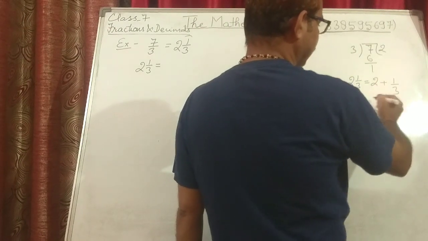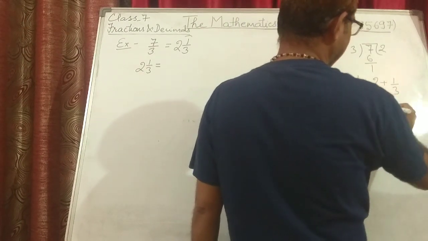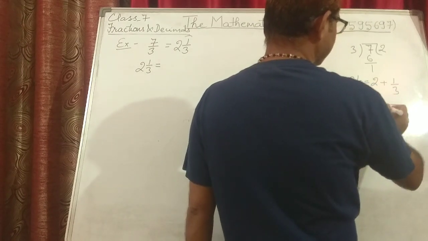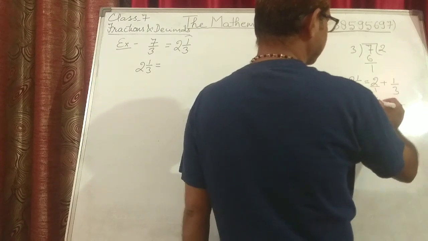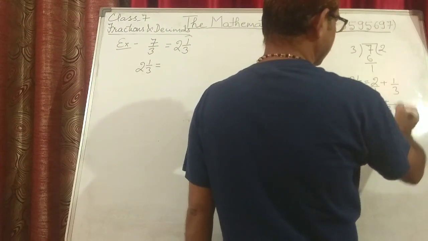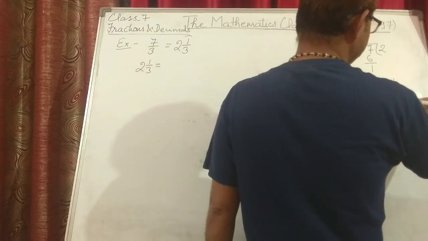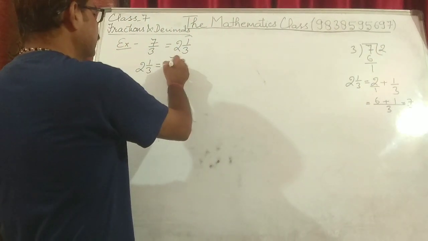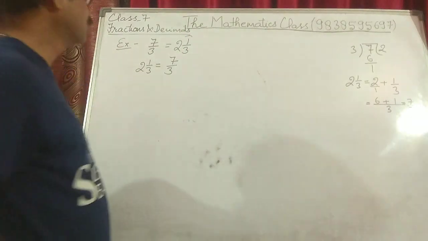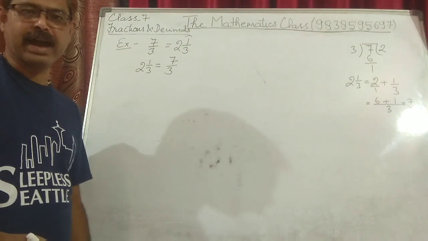So if you convert it, you will take LCM as 3, and this will be upon 1. 3 divided by 1 is 3, 3 into 2 is 6, plus 3 divided by 3 is 1, 1 into 1 is 1, equal to 7 upon 3. This is how we convert a mixed fraction to an improper fraction.